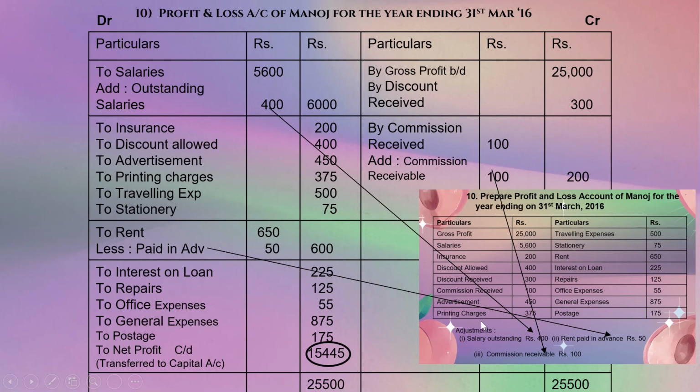Here, rent paid in advance, 50 rupees related to next year, so that you should subtract and show, and the remaining expenses you have to show. And here, discount received and commission received, we have adjustment. Accrued, that receivable means we have not yet received. Okay, so accrued commission, so you have to add, and then you have to find the net profit.